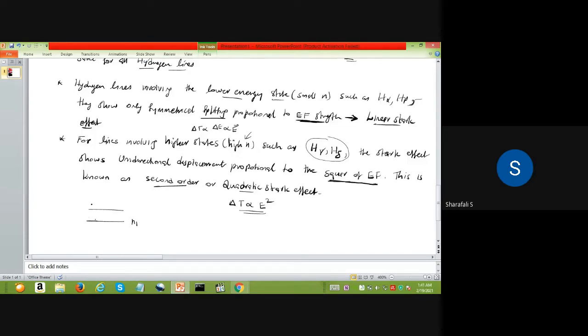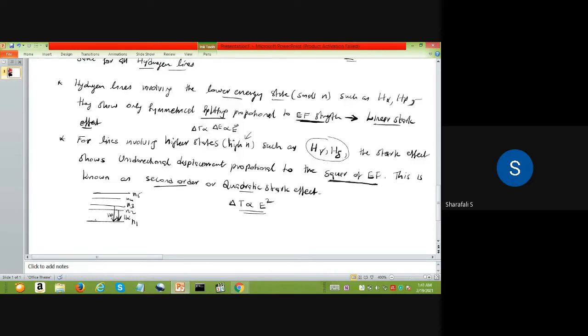If the transition comes from the N2 level to the N1 level, we have the first spectral line. Similarly, from higher levels we get the other lines, like H alpha, H beta.